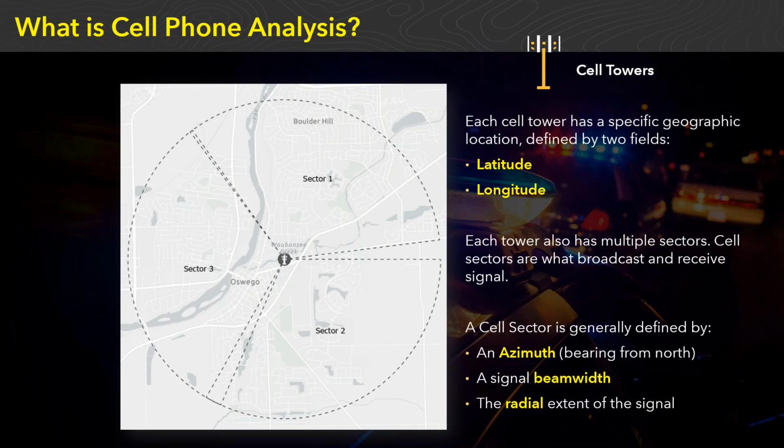And those cell sectors are generally defined by a couple of things. First, on the tower, the azimuth, which is the bearing from north that the sector is situated on, and then from there, the beam width of the sector signal. That's basically the angle of the arc, and then the extent of the signal, typically expressed by some kind of radius.